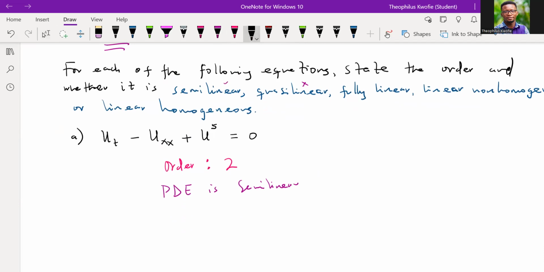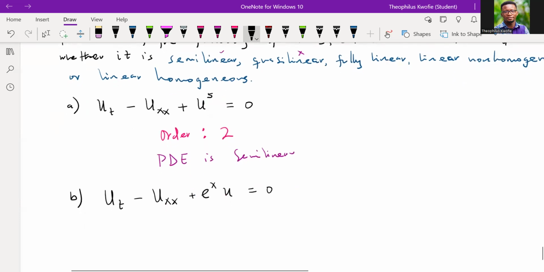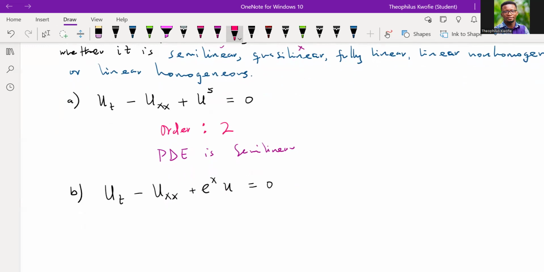So let's look at another PDE. Very interesting ones. What about the partial derivative of u with respect to t, minus u_xx, plus e to the power x multiplying u, equal to 0. What then becomes the order of this? And mind you, we said that the order of a PDE is the highest derivative. What's the highest derivative over here? It is 2.